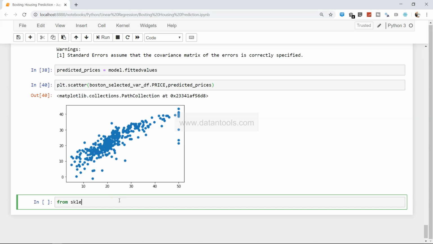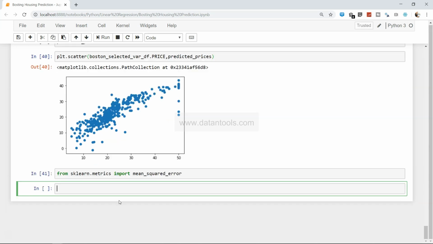So from sklearn.metrics we can import mean_squared_error, and we can say error equals np.sqrt, just to get the errors into the right terms, because mean squared error squares the error and this removes the impact of the square, so that we get the error in the same unit as the prices.